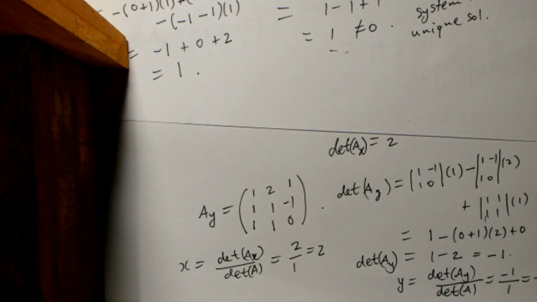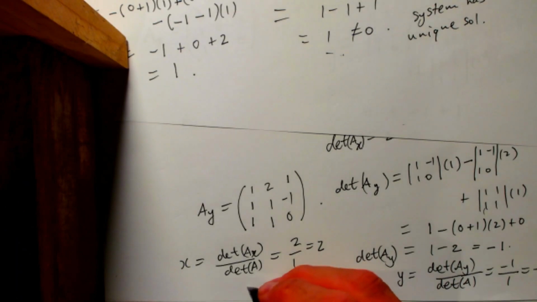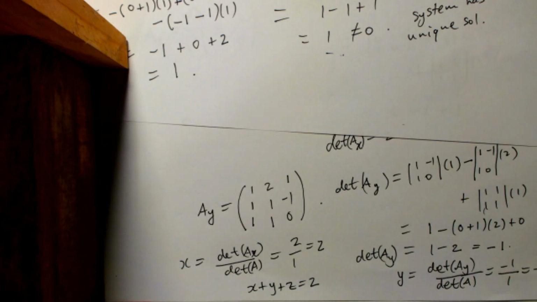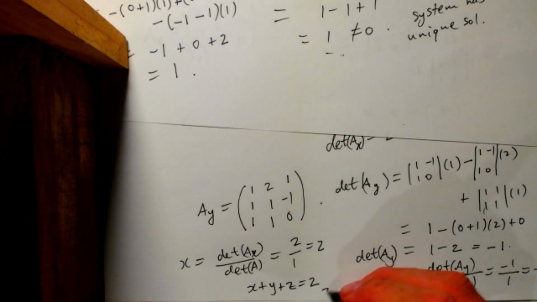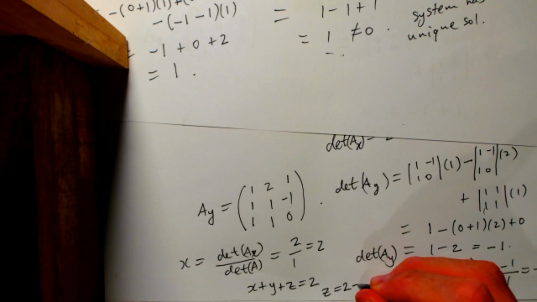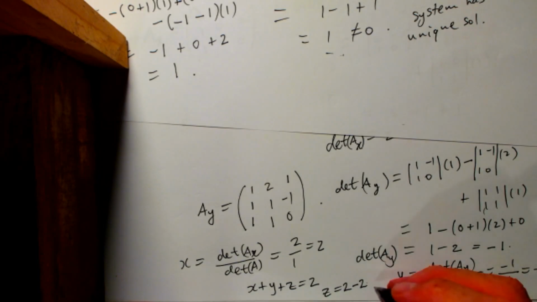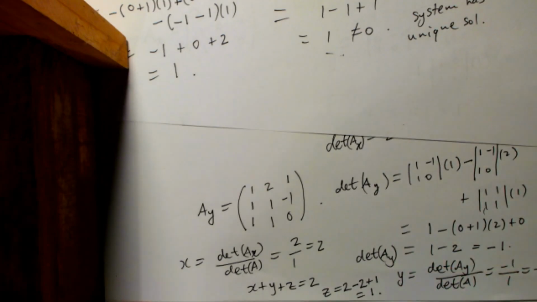So x is 2, y is minus 1, and remember we can back substitute to get z here, or we can calculate the determinant of A subscript z, but I think I've done enough determinants, so I'll just use x plus y plus z equals 2 to get z. So z is equal to 2 minus x minus y, so that's 2 minus 2 minus minus 1 is plus 1, and so z is equal to 1.